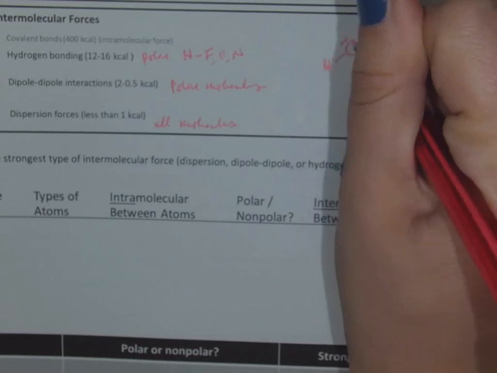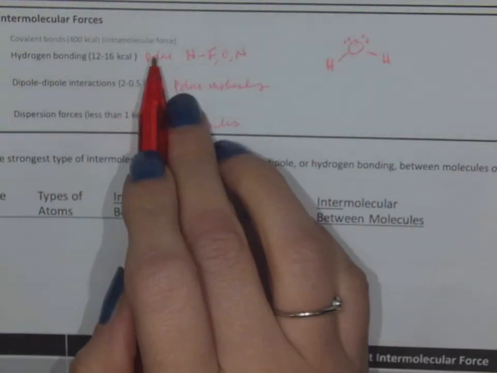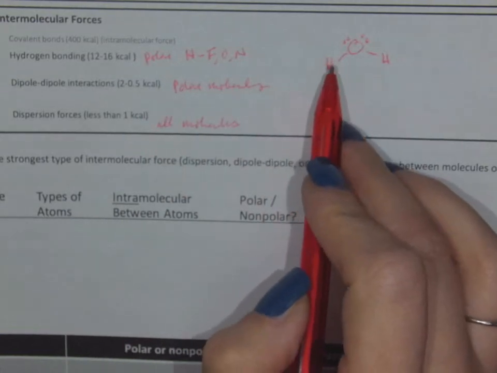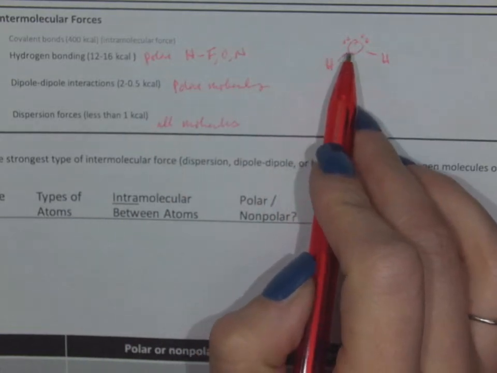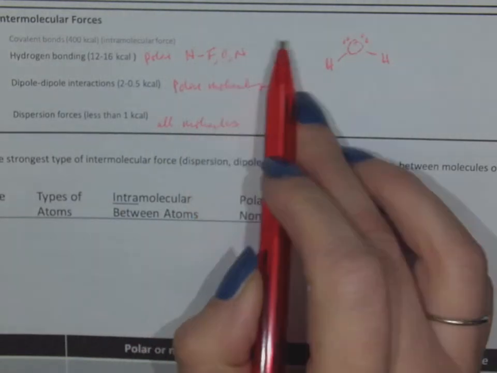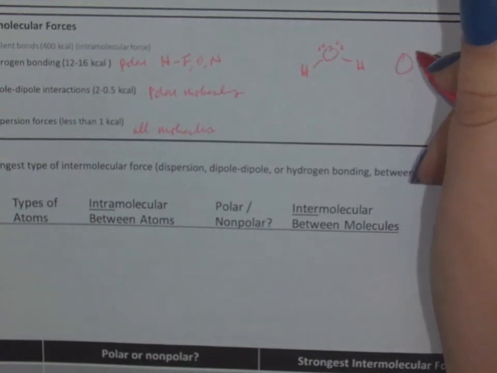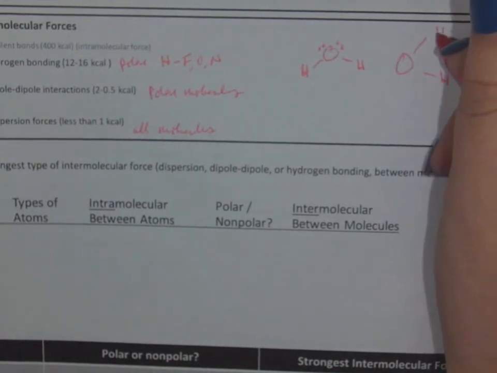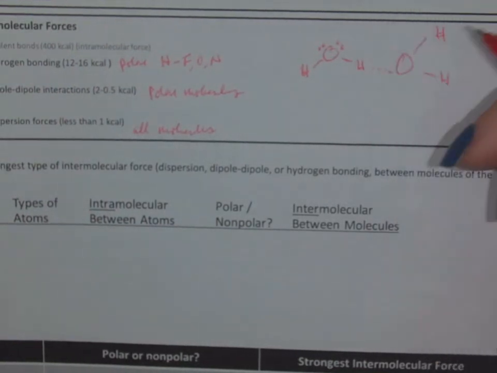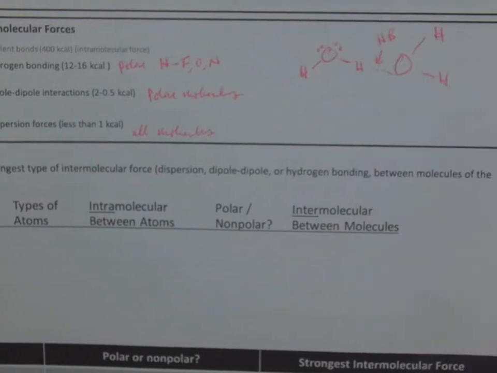Not all the domains are the same, so it's asymmetrical, so it's a polar molecule. And notice how it has a hydrogen and it's bonded to an oxygen, one of these three. So that means it's capable of having hydrogen bonds between another water molecule. So this attraction between them, the IMF, this could be a hydrogen bond. Okay.